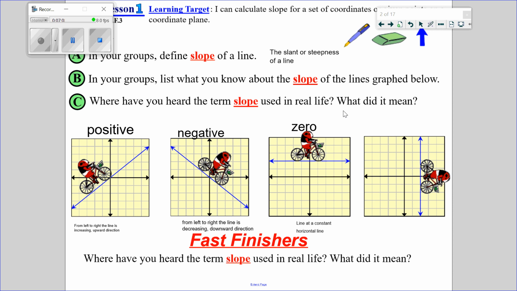And if you look at the last one, it's a vertical line. This is like going up the hill, and then you want to come down the hill, but there's no hill and you fall off. This is called no slope, vertical line, and it's also referred to as an undefined slope.